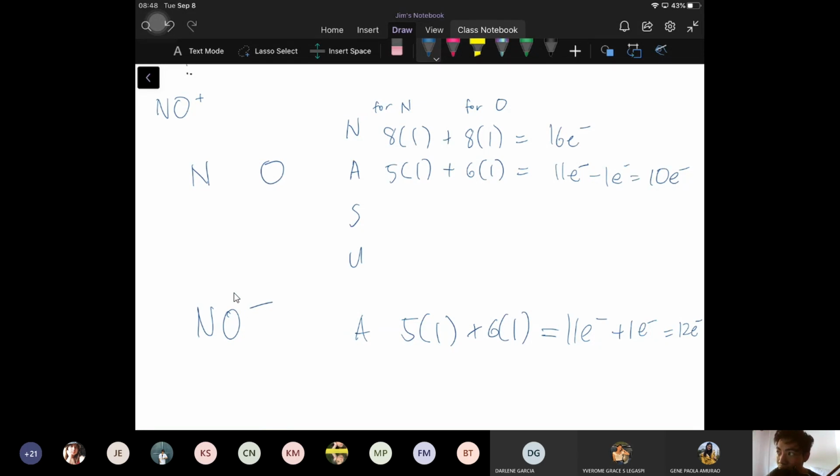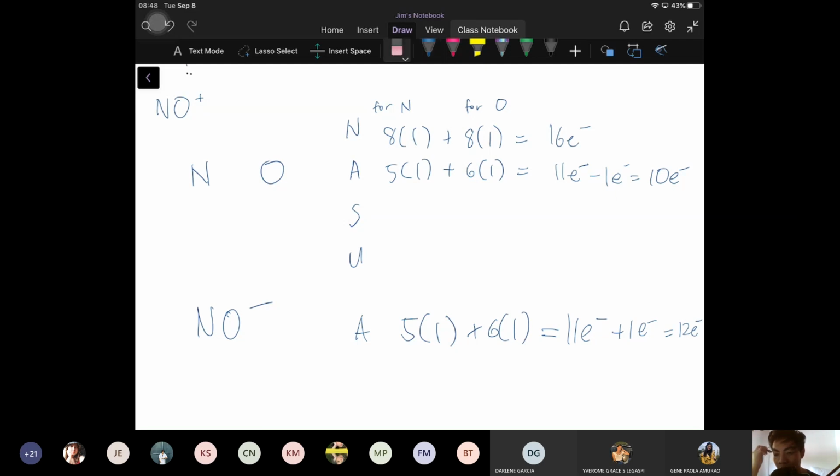Kapag negative charge yung molecule mo, that means may sobrang electron. And you have to account for that dito sa available. So you have to add the excess electron dito sa available. Pag negative yon, magpa-plus electron ka. Pag positive, magma-minus ka. Okay?